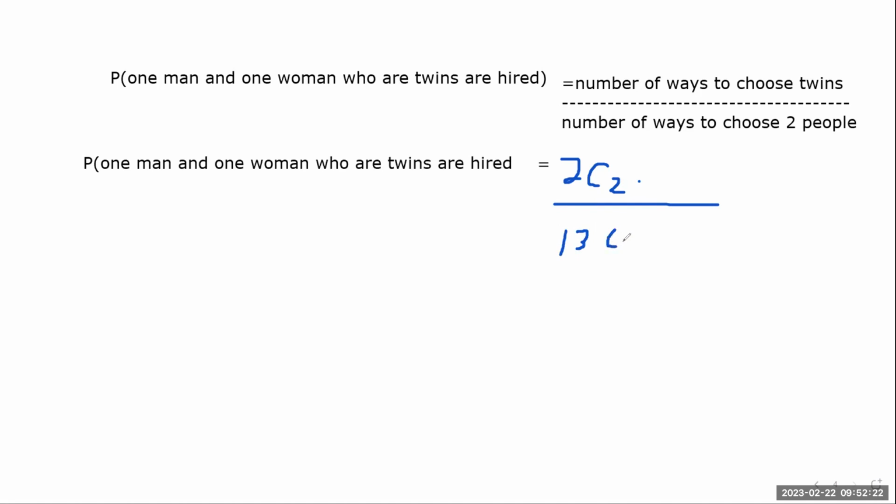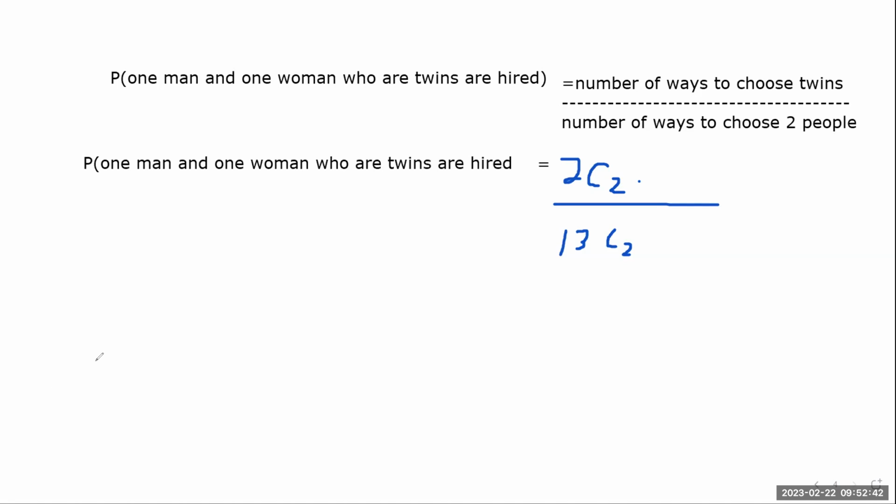Okay, so it might be obvious to you that if we're choosing 2 people from 2 people, there's only one way to do that, because you have to select the twins. But let's do this and see.